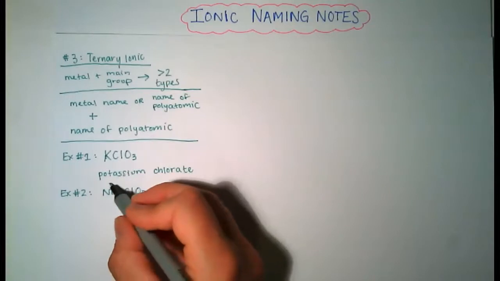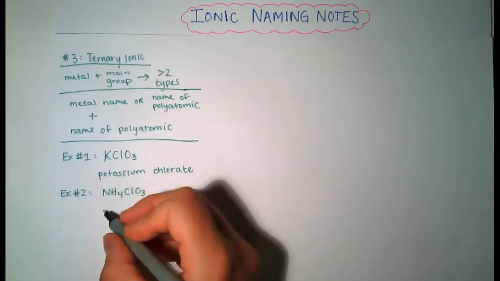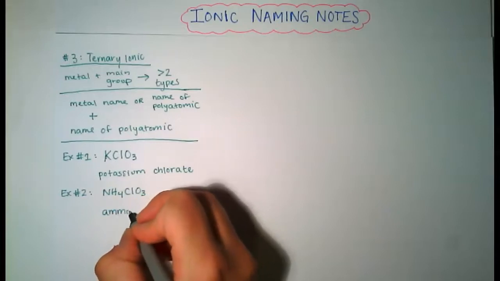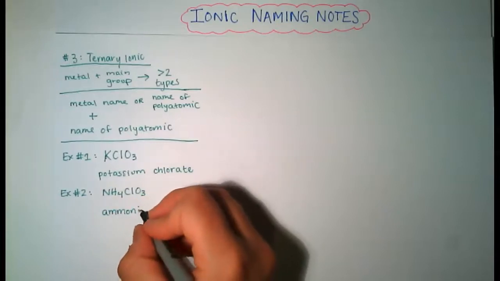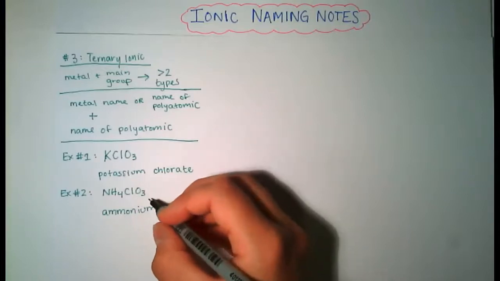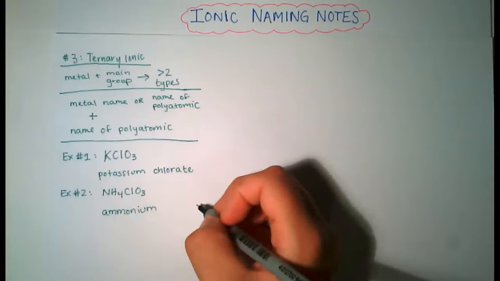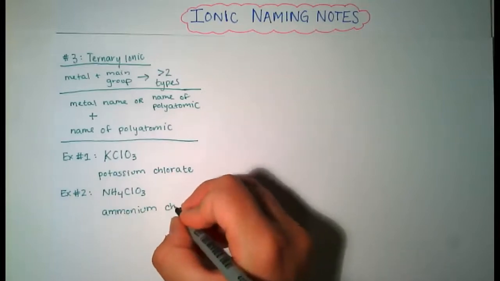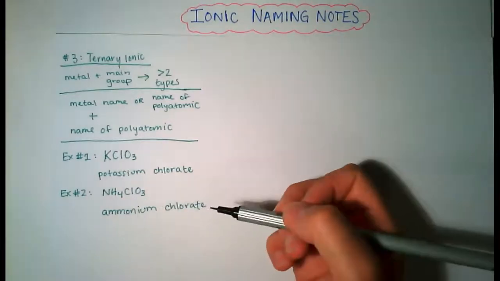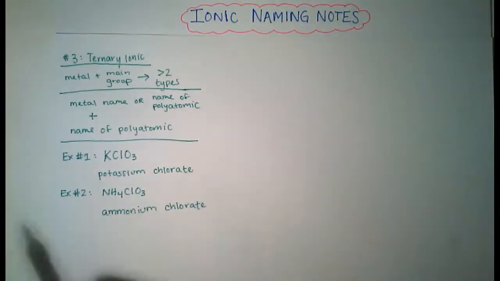So NH4 with a +1 charge is the ammonium ion. Ammonium. And then ClO3 is the chlorate ion. So we're just putting the 2 names of the polyatomic ions together. So this is ammonium chlorate. This is its full chemical name.